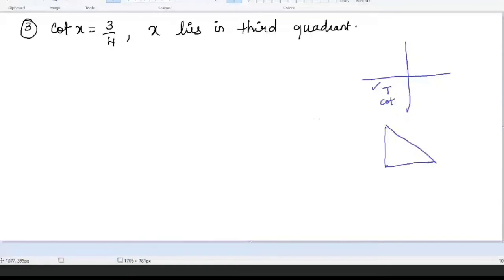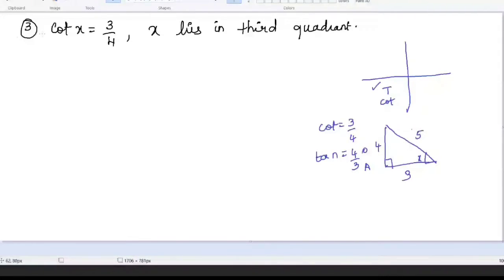Cot is given to us as 3 by 4. If I know cot, I know its reciprocal tan is 4 by 3. Tan is nothing but opposite by adjacent. So here it is 4 and 3. Therefore this will be 5. Now I know how to work it out.